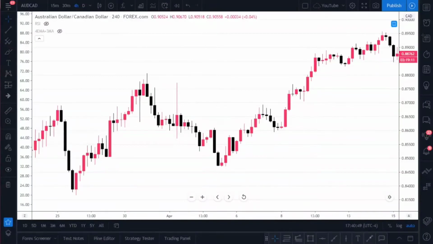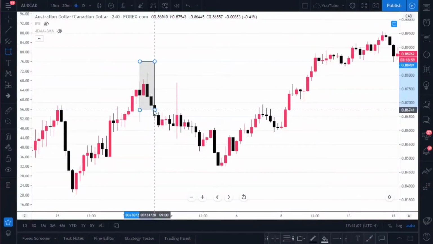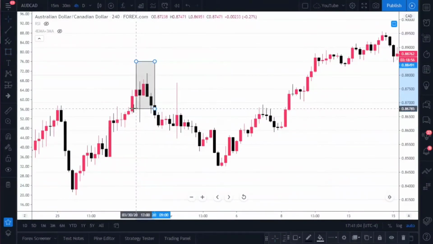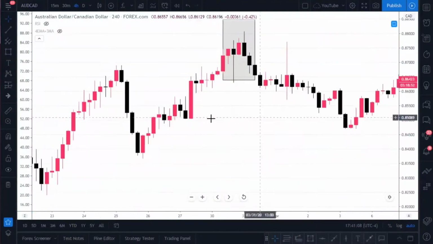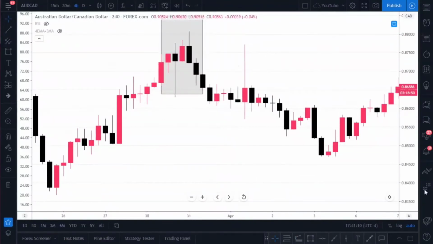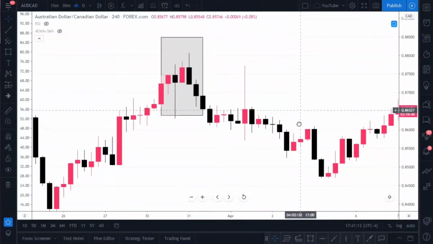Okay, so we are on the 4-hour time frame on ACAD, so Australian dollar versus Canadian dollar, and here is an example. So I'll box it up for you, and this is our bearish engulfing candle pattern, okay? And I'll zoom in a little bit more for you too, just so everybody can see everything.